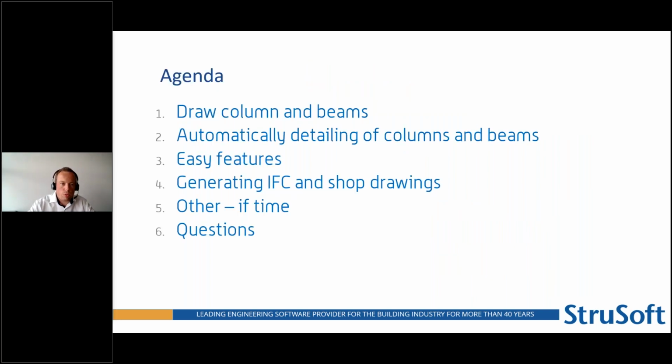So what I said before is that it's about columns and beams. What we are going to do is step by step. There's not that much time in my opinion, but let's see how fast I am today. I want to start by drawing some columns and beams, different types. Maybe, if there is some time, some hollow core and some other crazy stuff. Then we are going to do the automatic detailing of columns and beams.